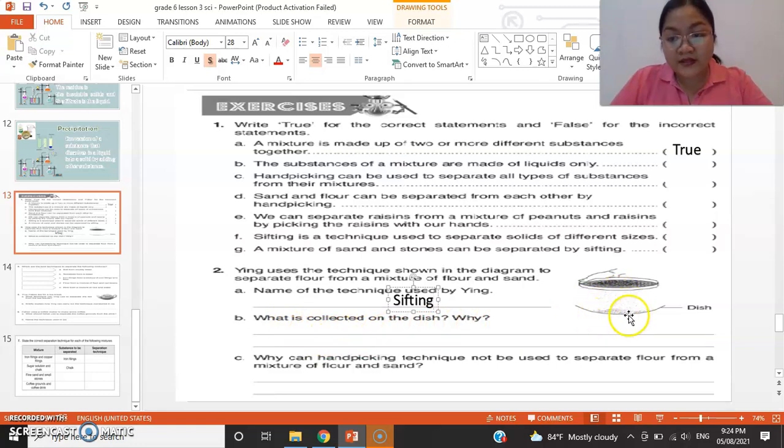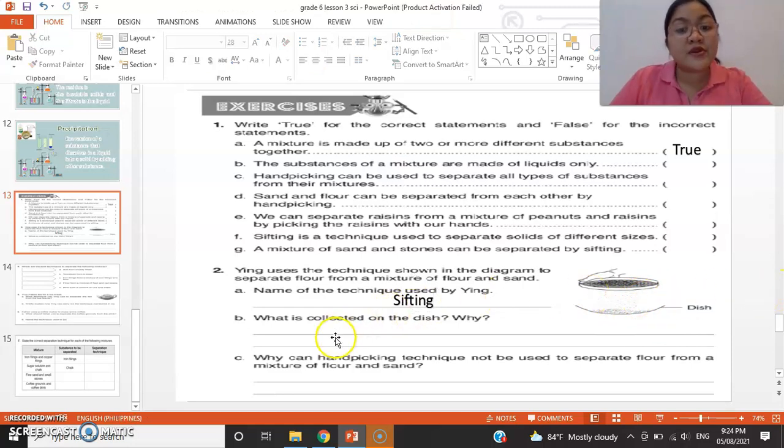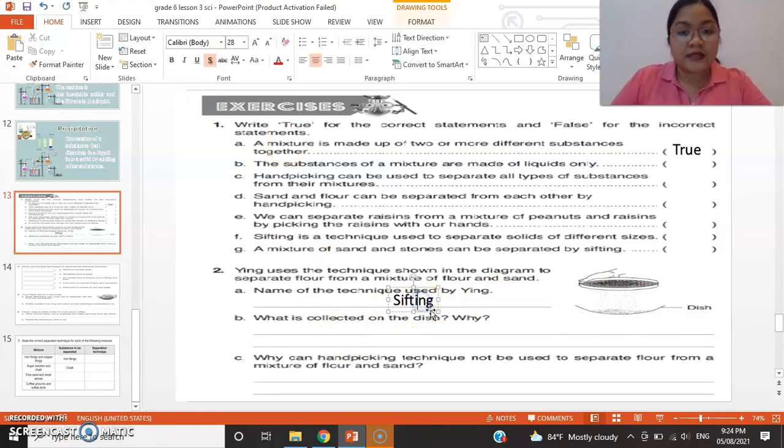Letter B. What is collected on the dish and why? So what is in the dish? Is it flour or sand? Very good. It is the flour.